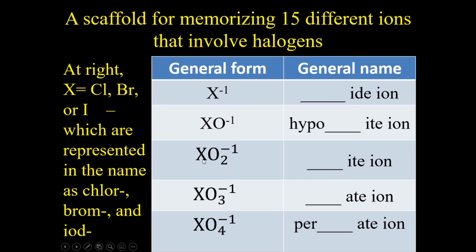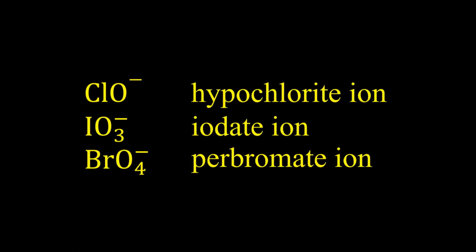So if I had IO2-1, I would have iodite ion. Or if I had BrO3-1, I would have bromate ion. Or if I had Cl-1, I would have chloride ion. So you can just take the chlor, the brom, or the iod and put it in the blank, and you will have the right name for the polyatomic ion.